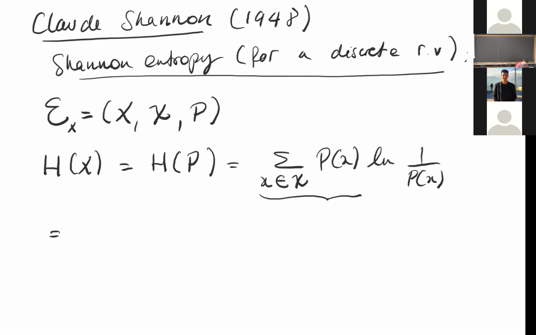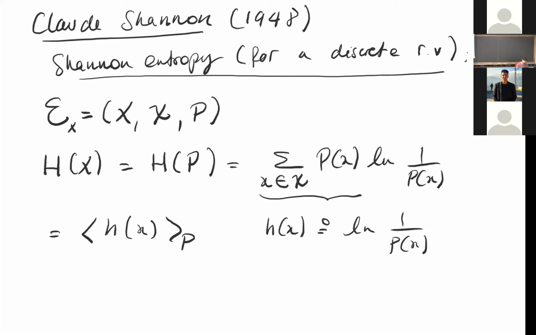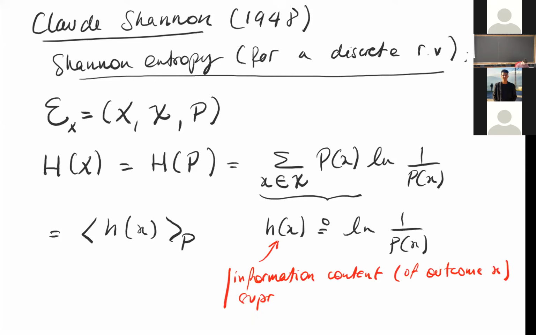This is the expectation of what I will call h of x with respect to the distribution P, where h of x is log of 1 over P of x. And this quantity is called the information content of outcome X. And this is also called the surprise.